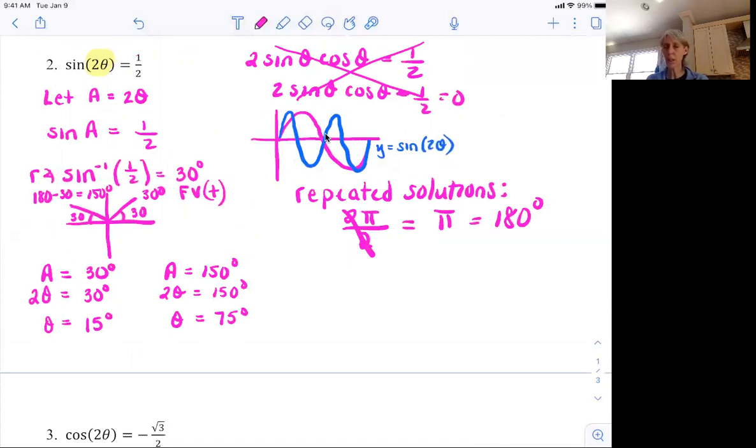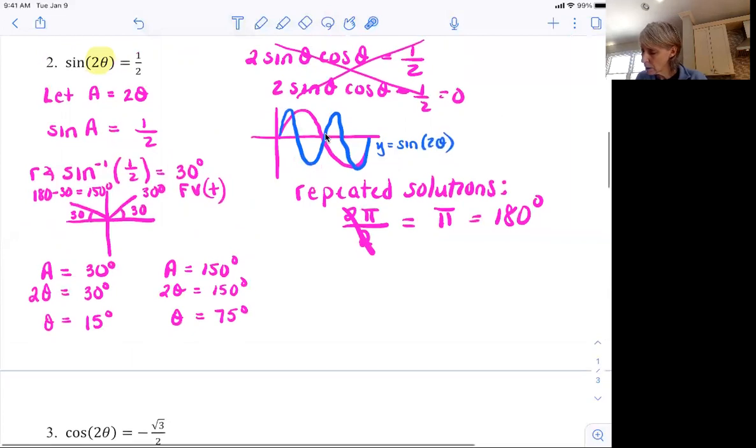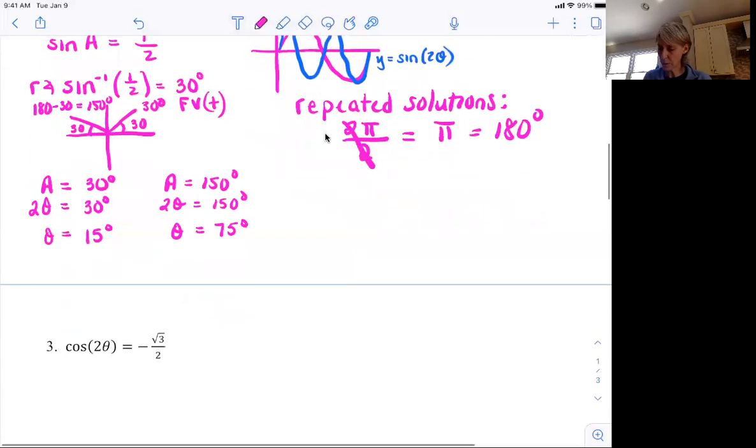I know this sounds a little bit weird, but we basically found the two, and we have to find the other two values for these solutions. So we go back over to our original. I know one of my solutions is 15 degrees. I'm just going to take 15 degrees and add 180, and I'm going to get 195.